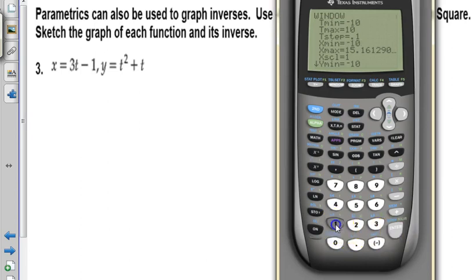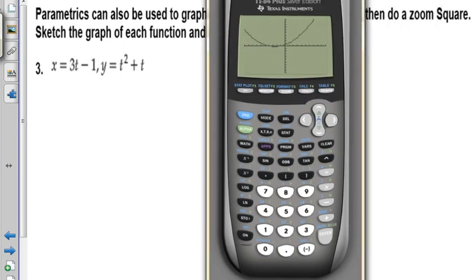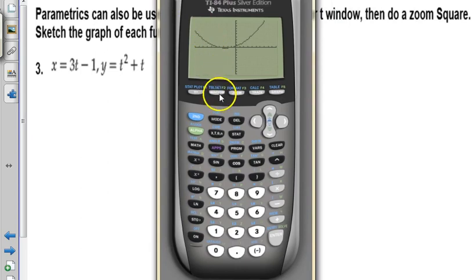I'm going to go ahead and do negative 10 to 10 for my x and y too. All right. Anybody get something like that? All right. Then it says to do a zoom square. Still goes off the top though.